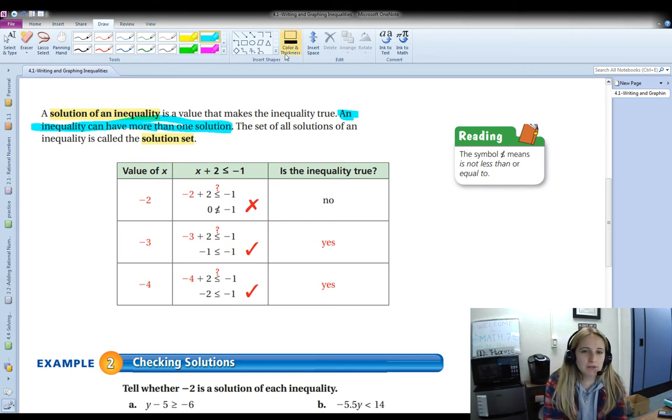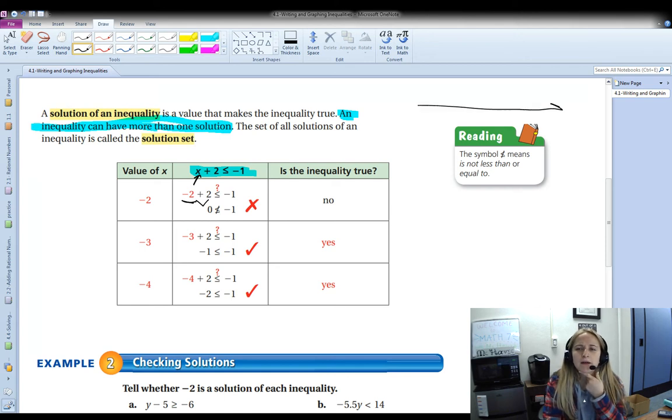So notice down here, this inequality right here, okay? Value of x. So if you plug in -2 for where x is, so this goes back to just checking our work. If you plug in -2 where that x is, and then you simplify it down, well, -2 plus 2 is 0. Is 0 less than or equal to -1?